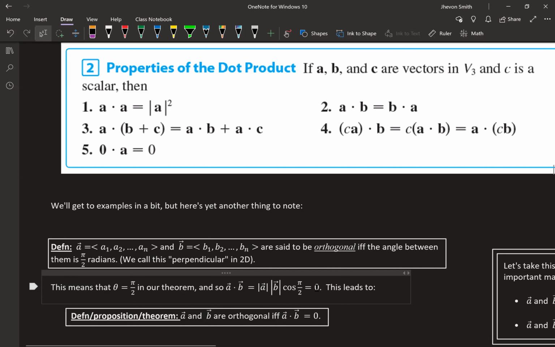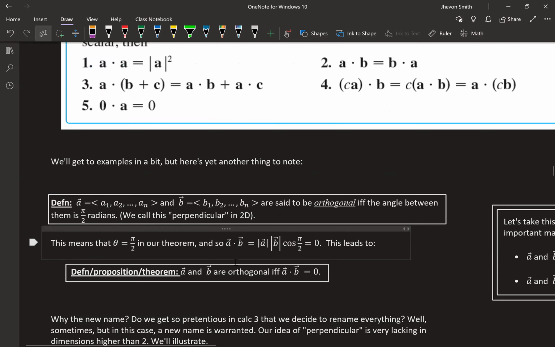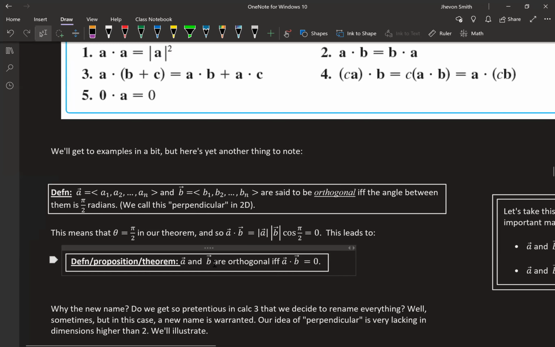But the cosine of pi over 2 is 0. And that leads us to this very important theorem or definition. A and B are orthogonal if and only if A dot B is 0. And by the way, if it's in 2D, this would mean that your A1 B1 plus your A2 B2 is 0. And there's your quiz answer right there.